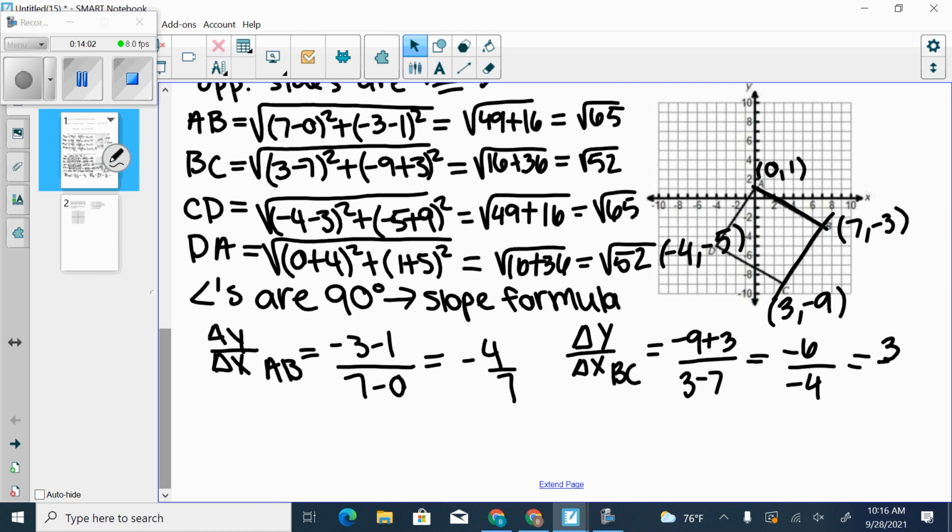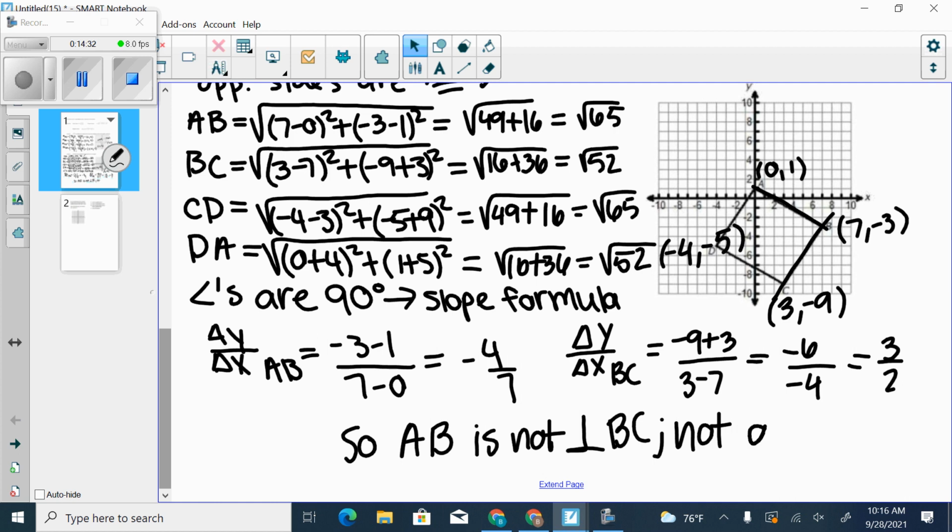3 over 2. So are my slopes reciprocals and opposite sides? No. So is this a rectangle? No. Okay, so although the opposite sides were congruent, the angles were not right angles, therefore this is not a rectangle.